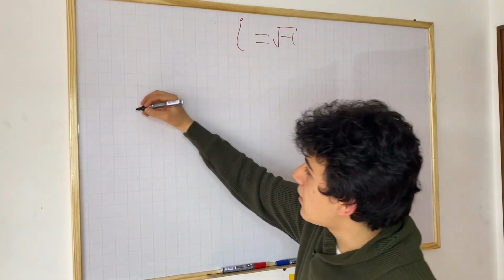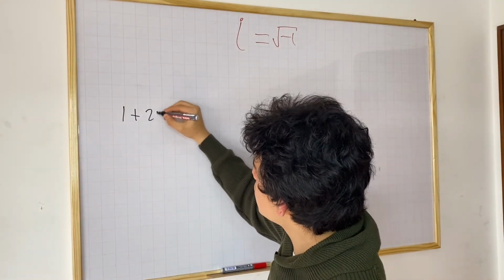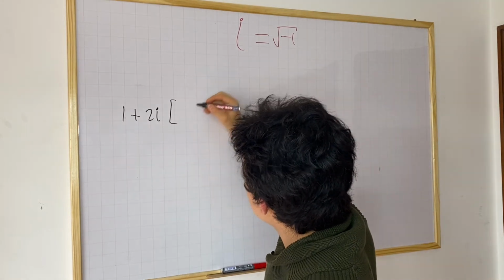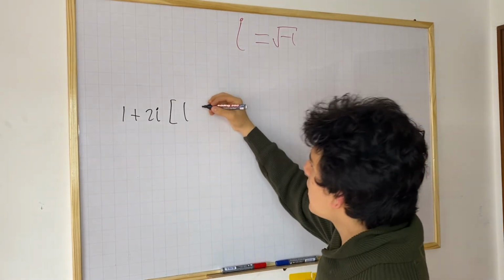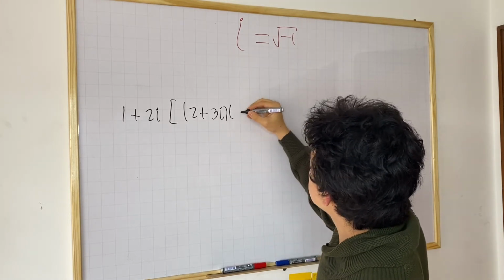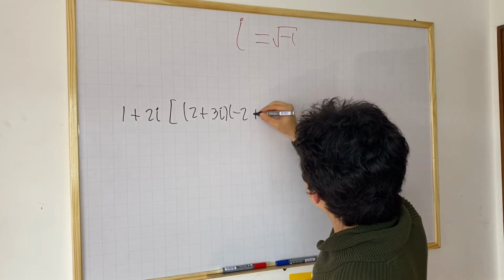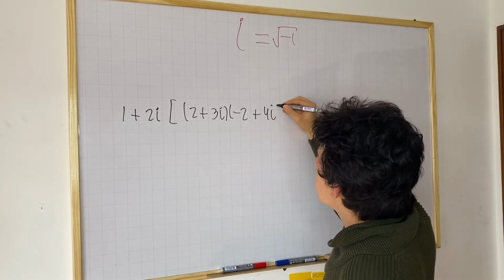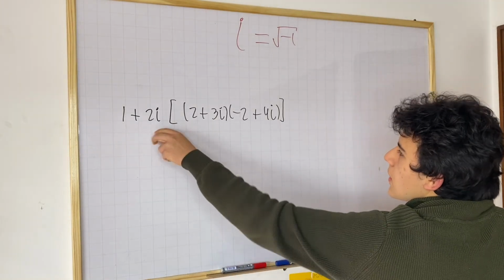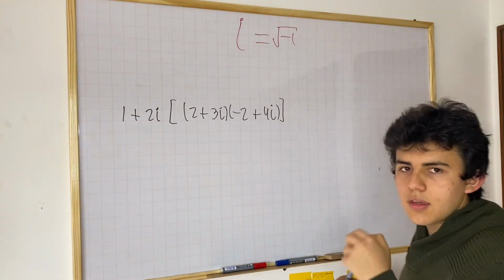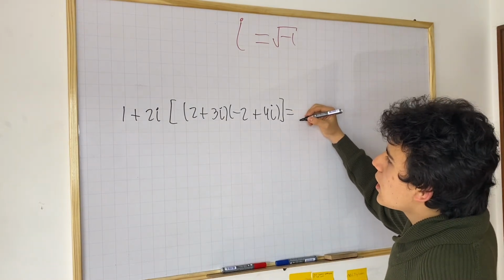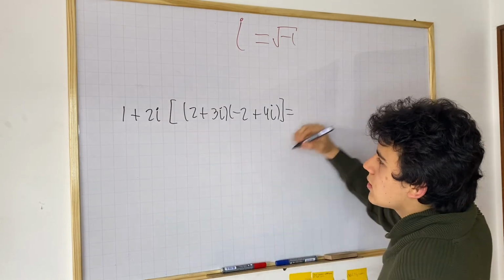So let's say we have 1 plus 2i, and now we're going to multiply this by something a bit bigger. So we're going to have, first of all, 2 plus 3i times negative 2 plus 4i. Okay, so we're multiplying this binomial by the product inside the square brackets. So now let's do it. For now, I'm just going to focus on the product between the two terms.